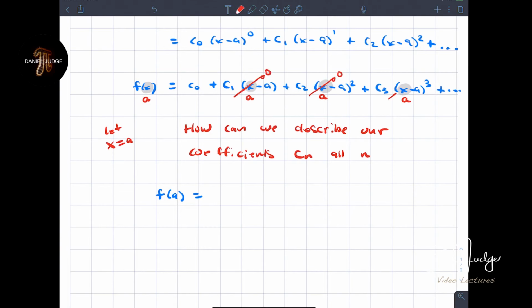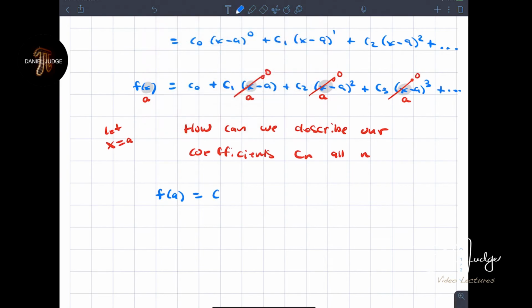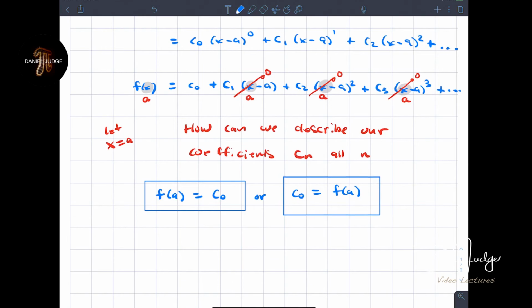In fact, all these terms are 0 except the first term. So we get f of a is C naught. Or you can say that C naught is really f of a. Here's where we see how to describe that first constant, C naught. It's really f of a.